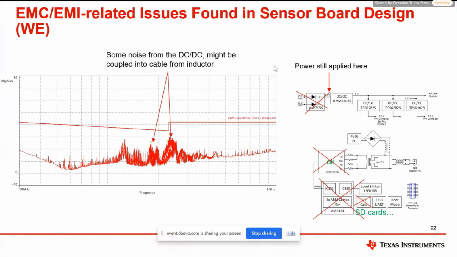The best way to save money is to understand, plan, debug. You can go to a pre-compliance chamber like our chamber. You can sit down with our engineers, have a small chat, some debugging, and then you can prevent costlier visits to a full compliance lab.